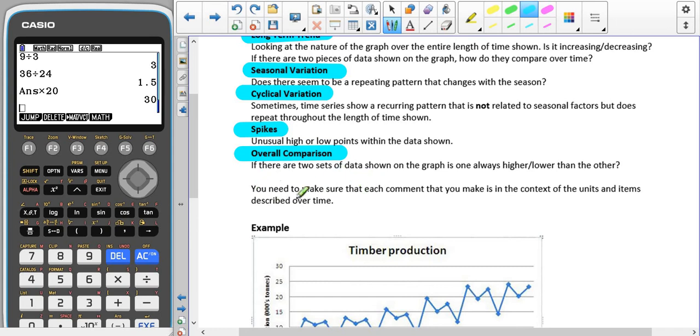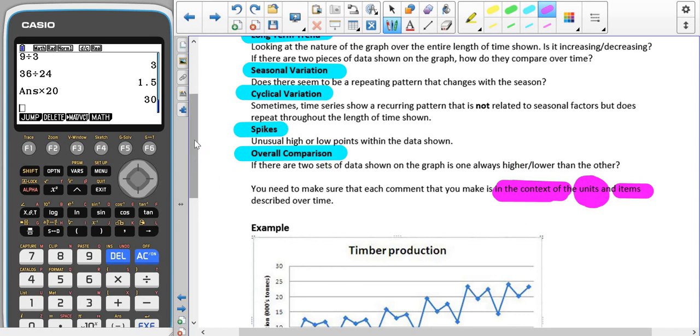This bit here is very, very important. Every comment that we make has to be in context in terms of not only the units used on the side, but also the items described. So it needs to be in terms of those two things.